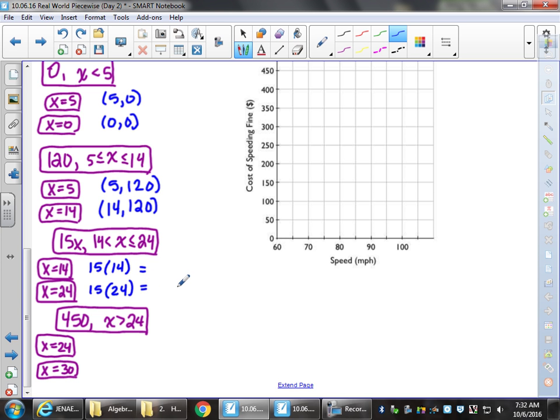What do we get for 15 times 14? 70. 15 times 14 is what again? 210? So yes, the ordered pair would be 14, comma 210. Are we in better shape with that value? Yes. And then 15 times 24?